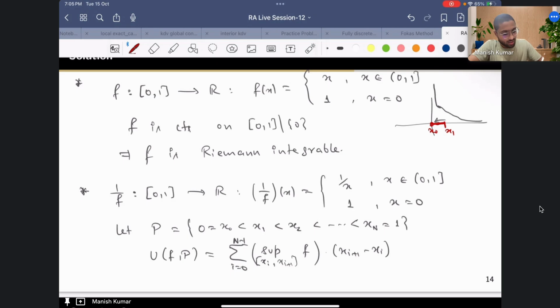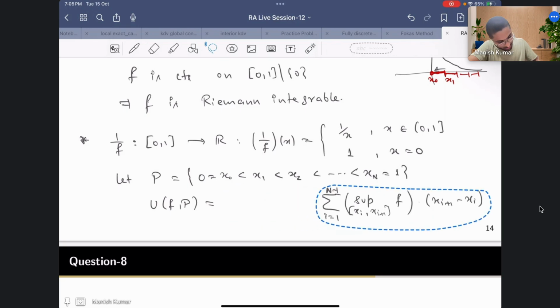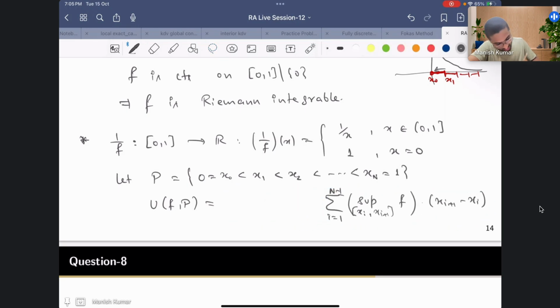And after this, everything is finite, right? So you can write it in this way as well. If I break this up, one case would be the supremum of f on x0 to x1, times x1, because x1 minus x0, x0 is 0 but still okay.